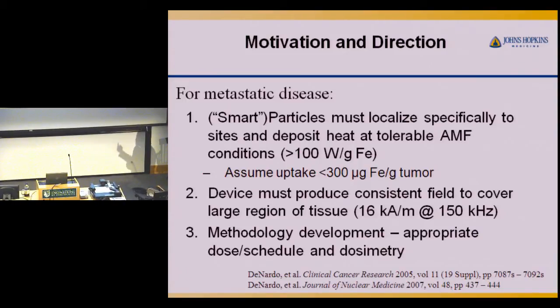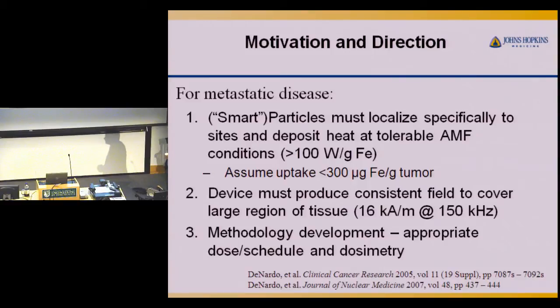And that they are able to, when exposed to an AMF that has tolerable properties, generate some sort of cytotoxic heat, roughly, let's say, something greater than 100 watts per gram of material. Now, I always assume that the uptake from some sort of targeted systemic delivery of targeted particles is going to be limited, let's say something on the order of 300 micrograms of therapeutic agent per gram of tumor.